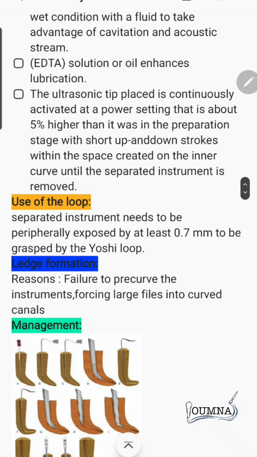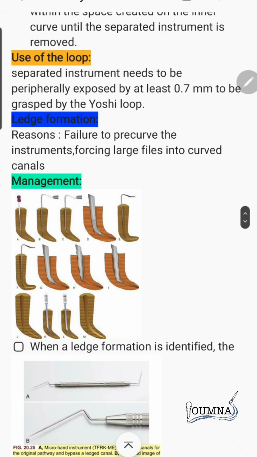The ultrasonic tip is continuously activated at a power setting about 5% higher than in the preparation stage, with short up and down strokes within the space created on the inner curve until the separated instrument is removed. Use of the loop: the separated instrument needs to be peripherally exposed by at least 0.7 mm to be grasped by the Yoshi loop.